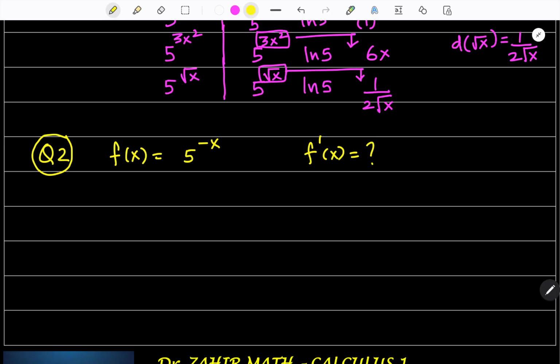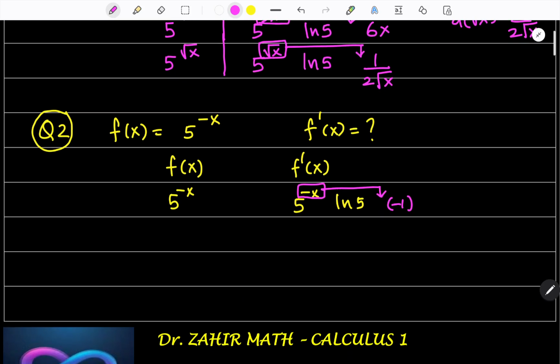Let me write here f of x and f dash of x. 5 power minus x. Whenever something is to the power x, just write 5 power minus x and write ln 5 according to the rule. After that, you take the derivative of this minus x. What is the derivative of minus x? It is minus 1. Very, very simple.